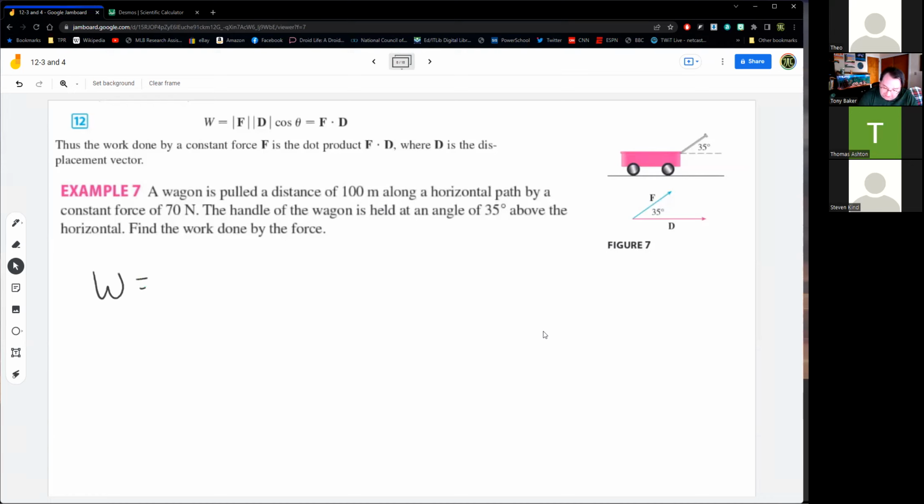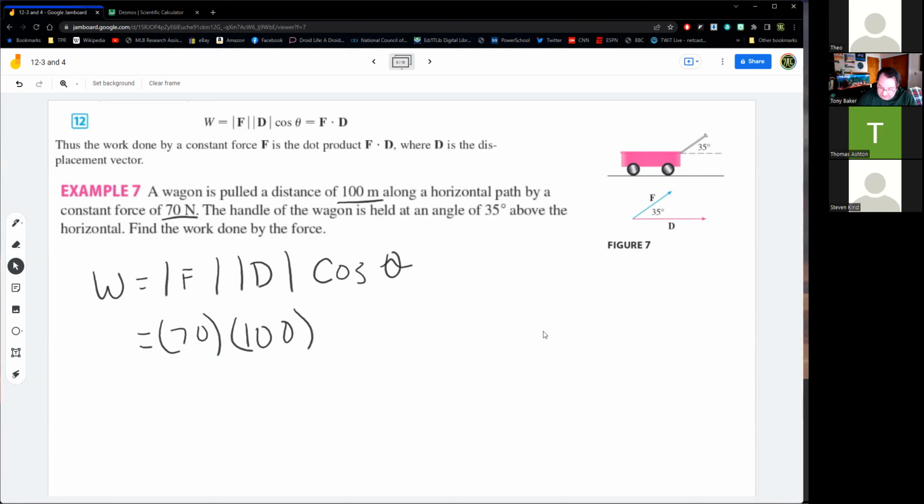So in this situation, the wagon is pulled a distance of 100 meters along a horizontal path. So my distance is 100. My force is 70 newtons.